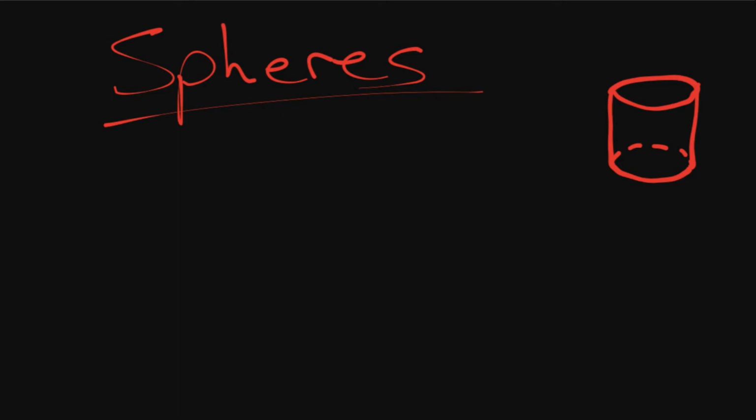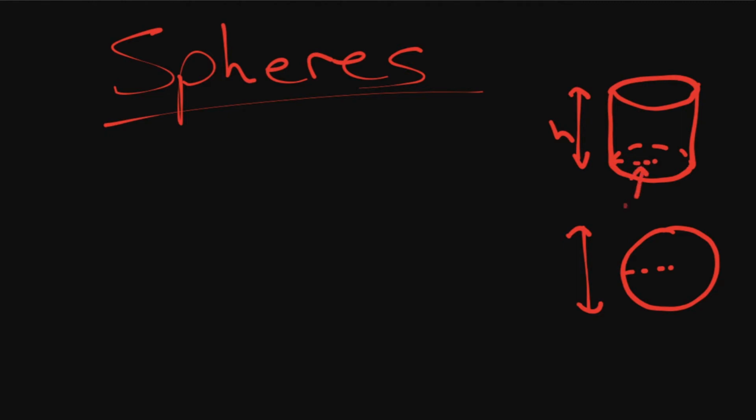So picture a cylinder with a certain height, let's say h, and let's say you carved out, without making it shorter, the same height, a sphere with the same radius r.